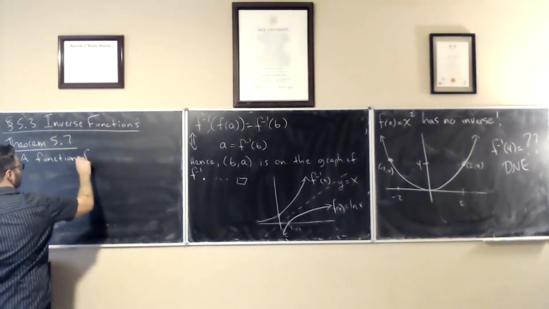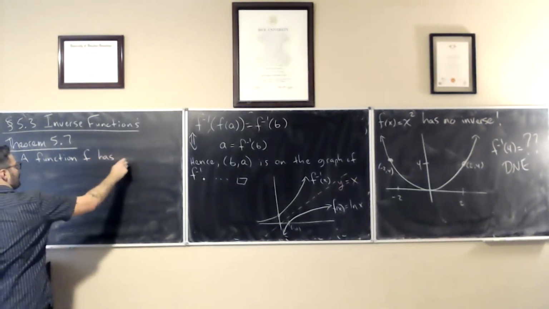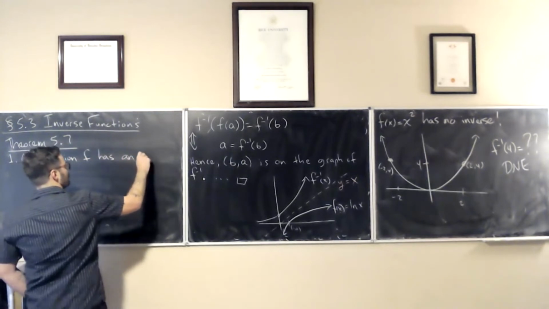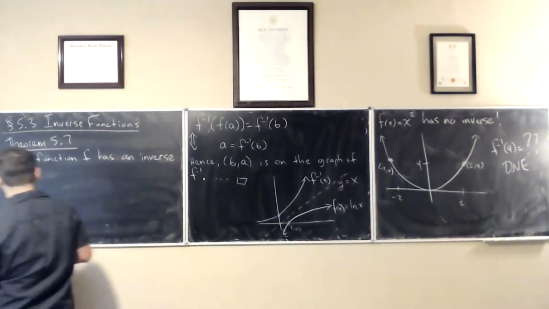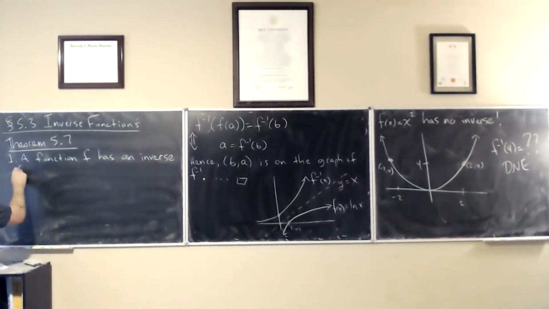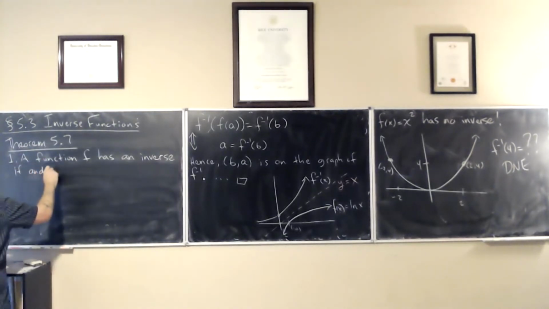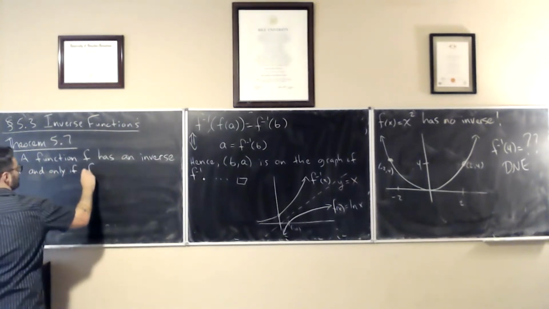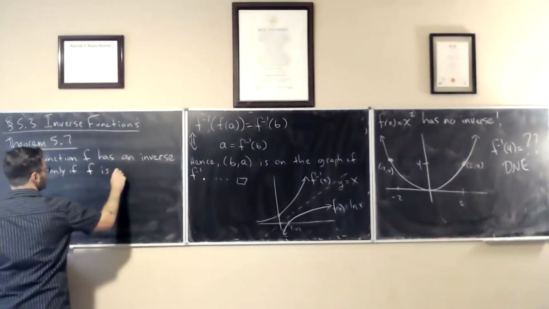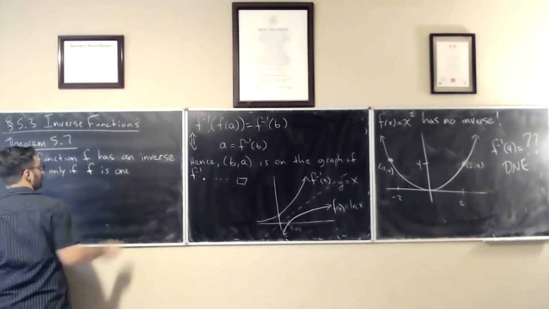So a function f has an inverse if and only if, it's biconditional, f is 1 to 1.